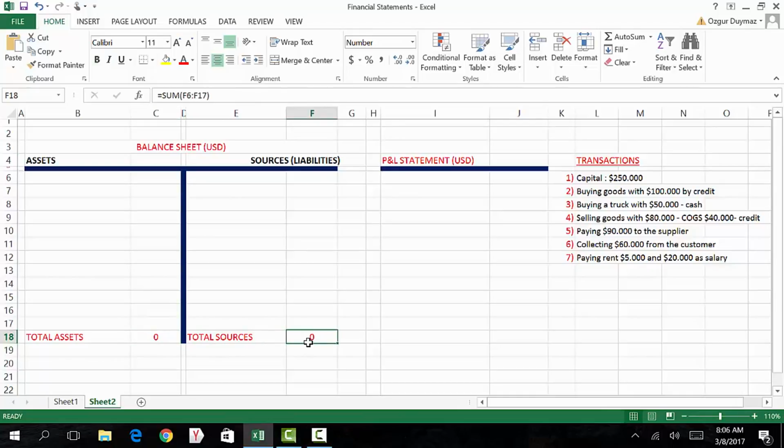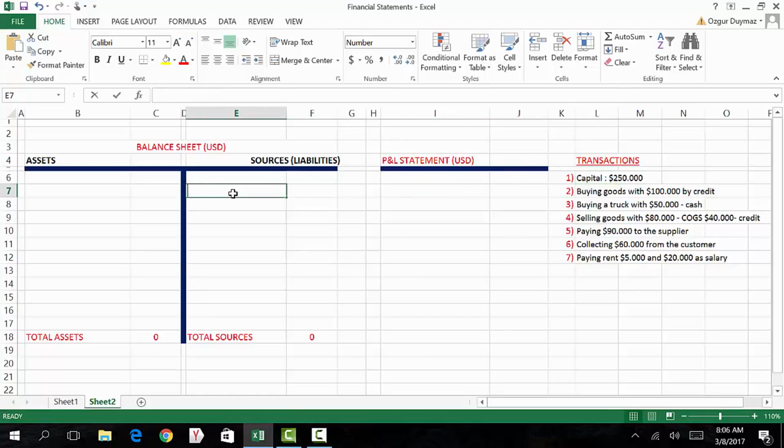Okay, let's start the sample: establishing a new company with $250,000. It means the company has $250,000 cash as an asset and $250,000 capital put by the owner as a source.